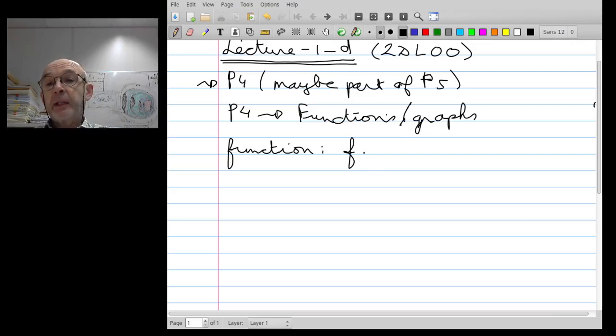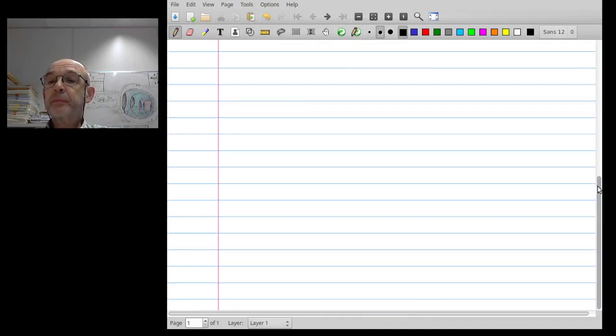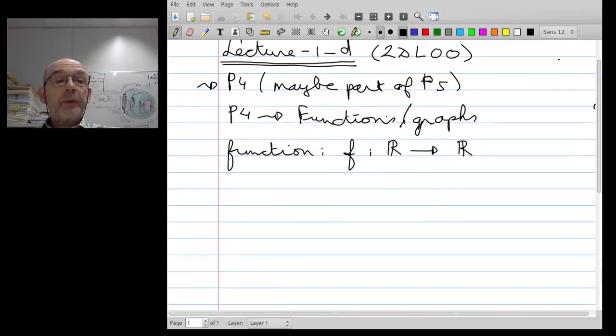A very familiar function goes from the real numbers: you can put a real number in it and you get some real number out of it. The first part, what you can put into a function, those values are called the domain of the function.